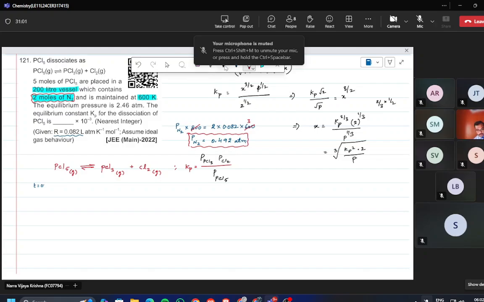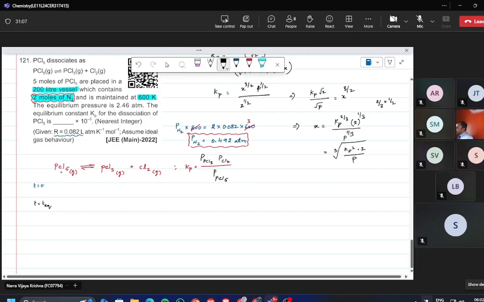Now, initially, how many moles of PCl5 are there? 5. Those 5 moles also create some pressure or not? Now, what is the pressure due to 5 moles of PCl5? For 2 moles, this is the pressure. For 5 moles, what is the pressure? For nitrogen, 2 moles is creating a pressure of this much.